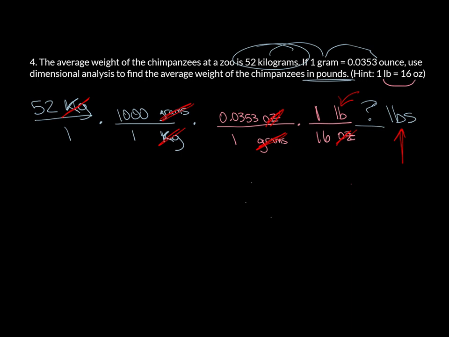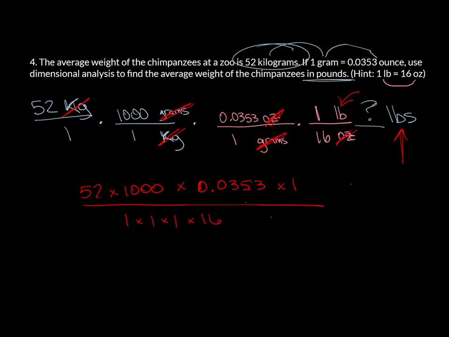So you multiply every number in the numerator together: 52 times 1,000 times 0.0353 times 1, divided by all the numbers in the denominator: 1 times 1 times 1 times 16. 52 times 1,000 is 52,000, times 0.0353, times 1, and I get 1,835.6.